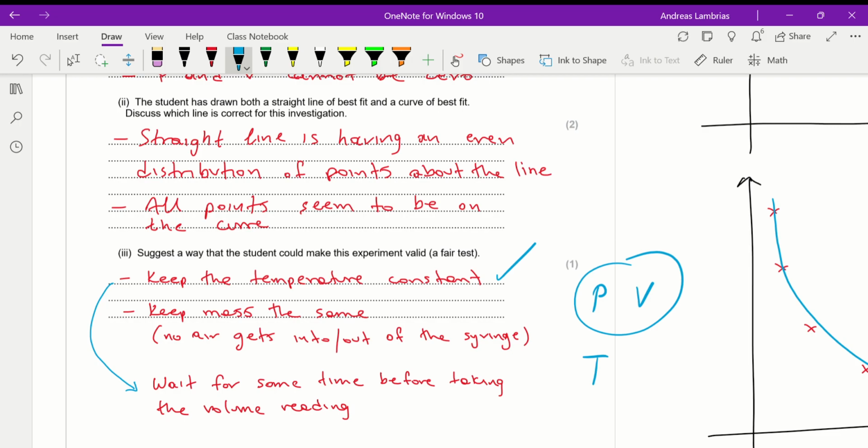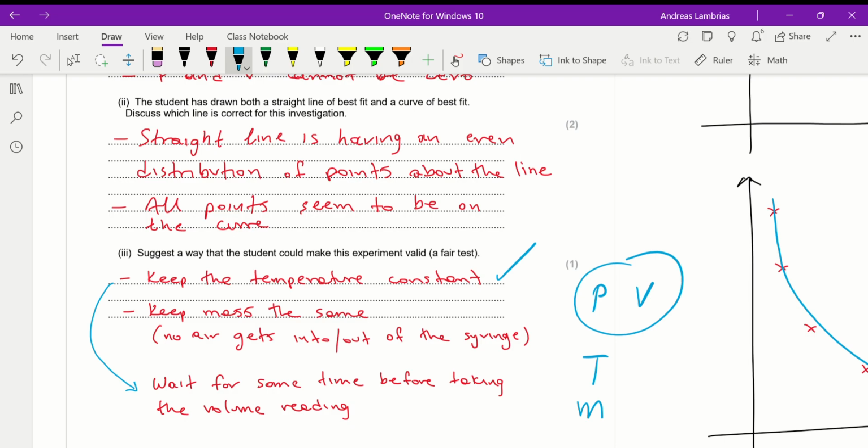The other thing that has to be kept the same is the mass or the number of particles of the gas. So we have to keep the mass the same, and we shouldn't allow any air to get in or go out because this will affect the mass.